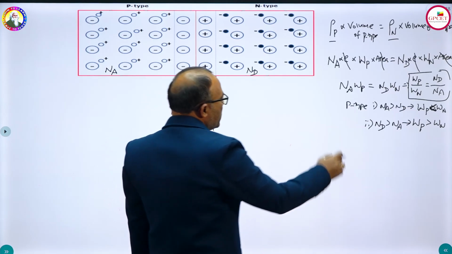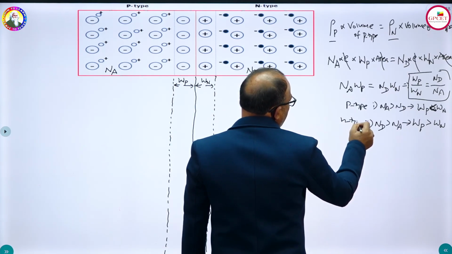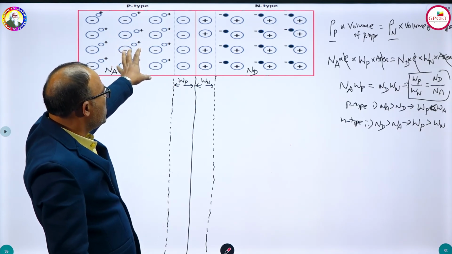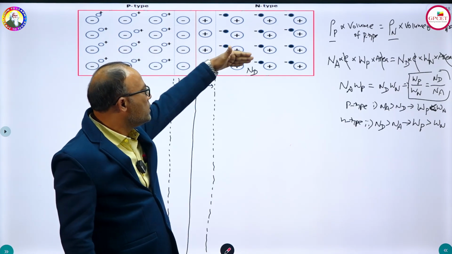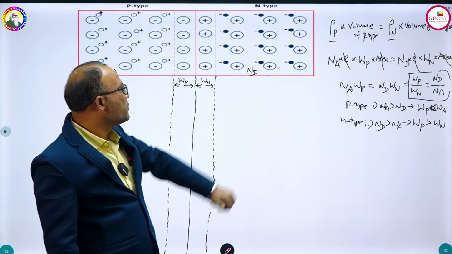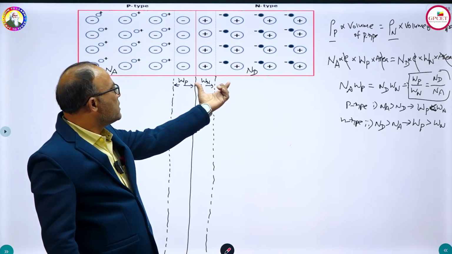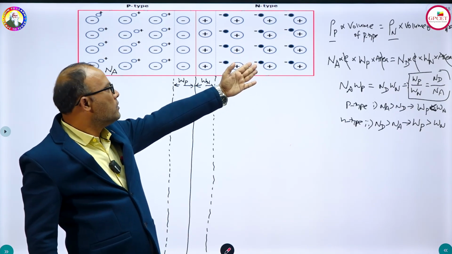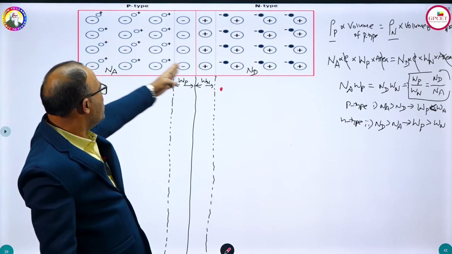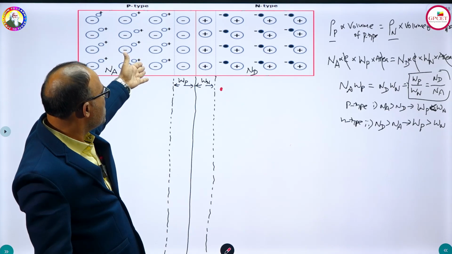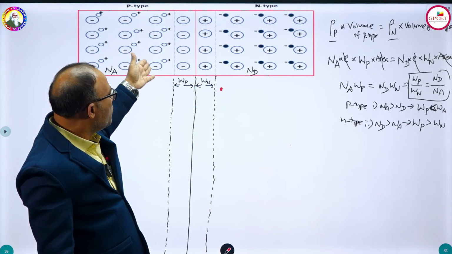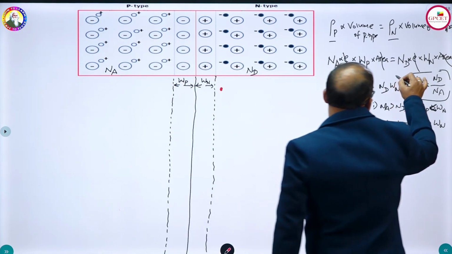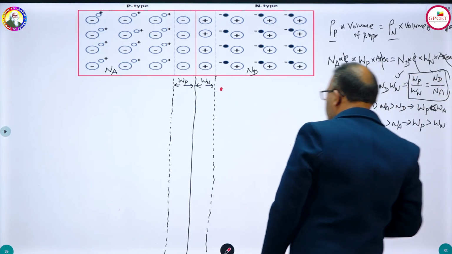The concept is that if it is heavily doped n-type, there is a possibility that more electrons diffuse into the p-type and recombine. So the depletion region widens there, and therefore Wp is greater than Wn. This is the concept and this is the important formula you need to consider.